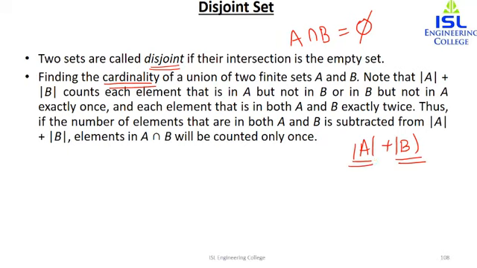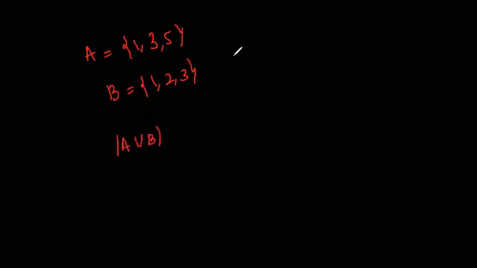So let's see an example with the example that we were seeing earlier. If I take the same example, A is 1, 3, 5 and B is 1, 2, 3, and we want to know the total number of elements in A union B. One way is directly finding A union B, which is 1, 2, 3, 5.